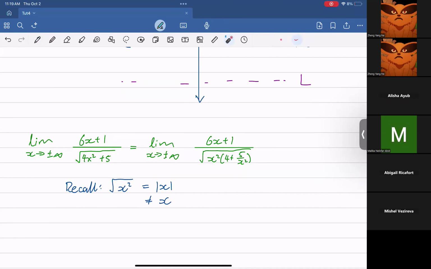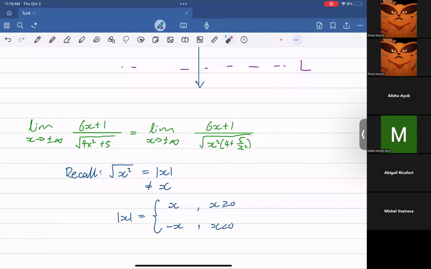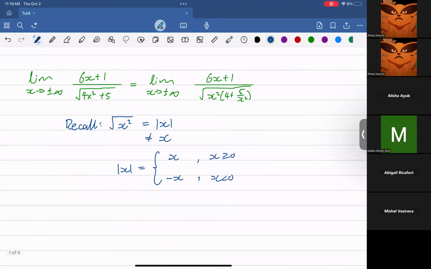And remember that the absolute value of x is defined in terms of two cases. It's equal to x when x is positive, and it's equal to negative x when x is negative. So if you just use this positive x, you're looking at only the top case and ignoring the other answer, and that's going to create some problems.